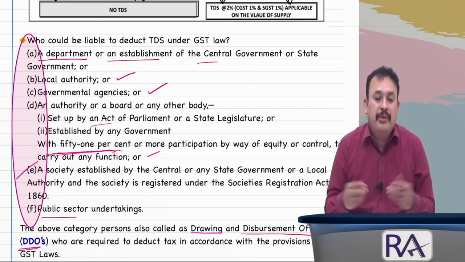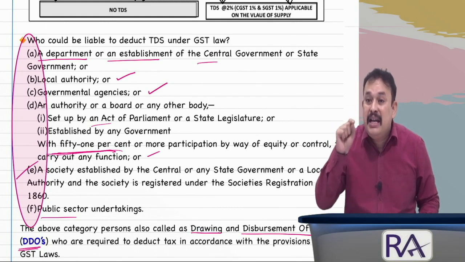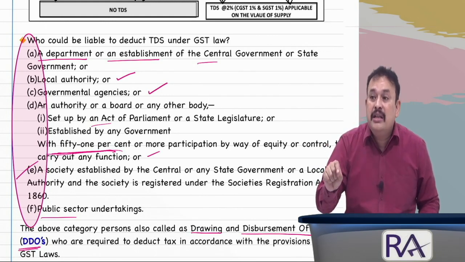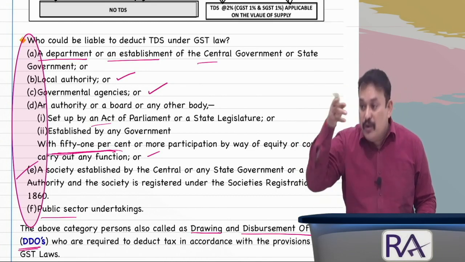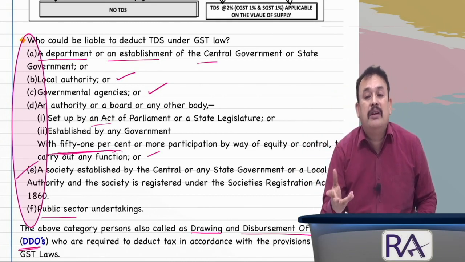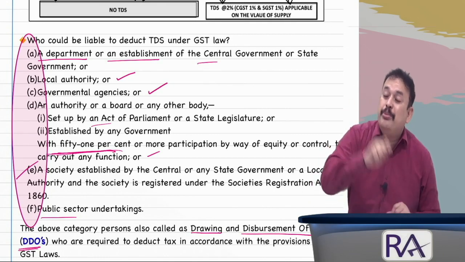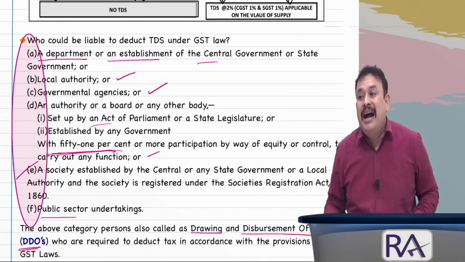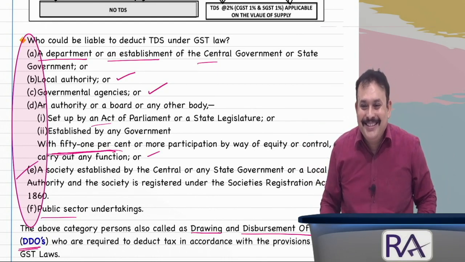They are liable for TDS. If they have not registered, then they must compulsorily register under GST law to pay the TDS, for which the threshold limit of turnover is not applicable. It is compulsory registration for DDOs to pay TDS to the department. Under section 24, registration is made mandatory. Got the clarity, my dear sir?